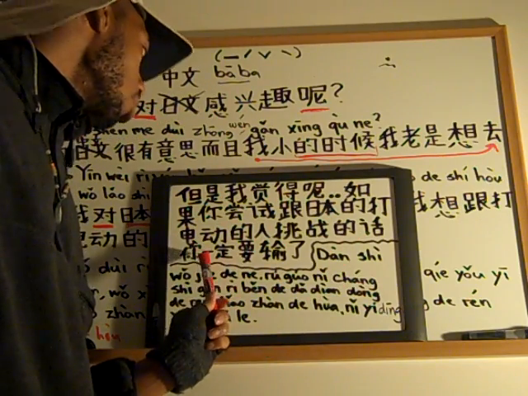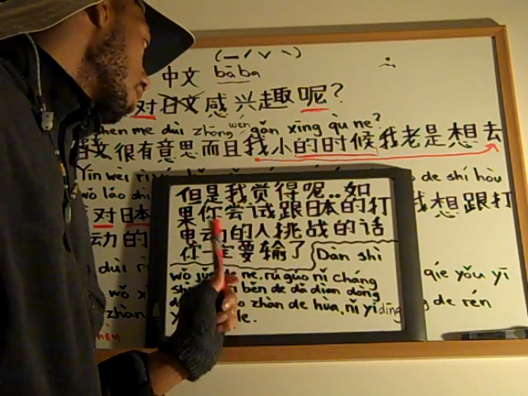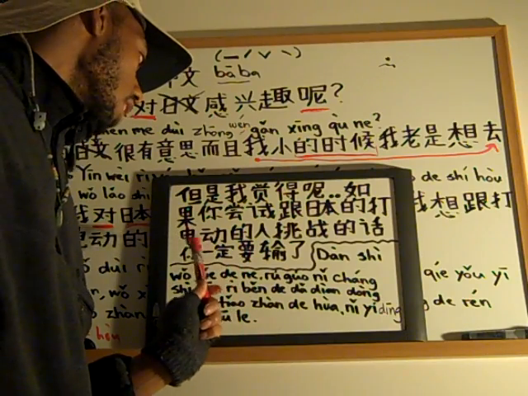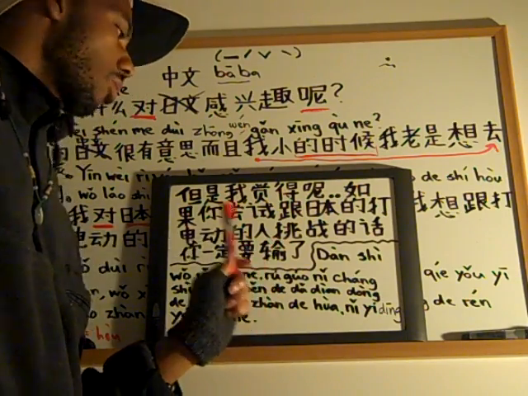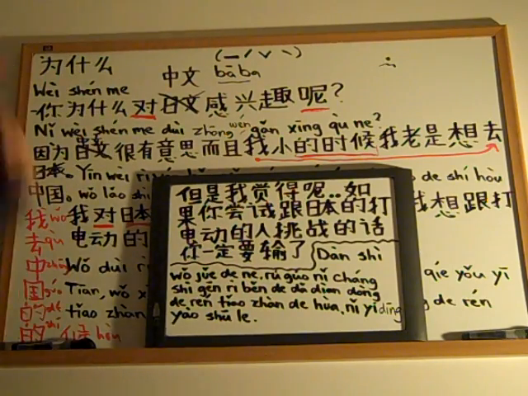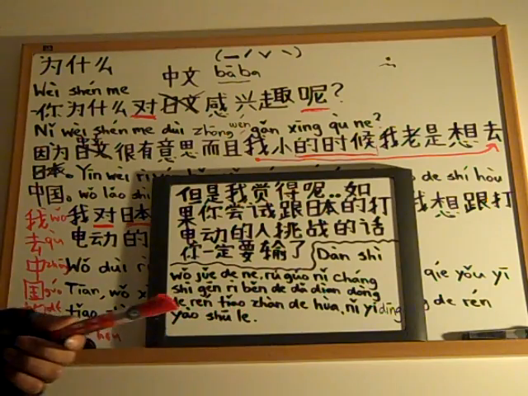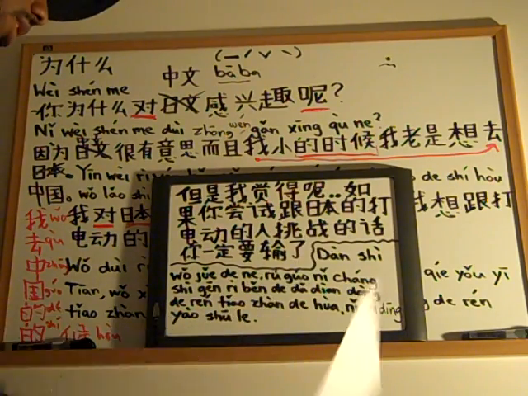So 你 means you, 一定 means certainly, and 要 means going to. You're certainly going to, 你一定要输了. That means lose. 输 means to lose. Okay, so yeah, that's that.